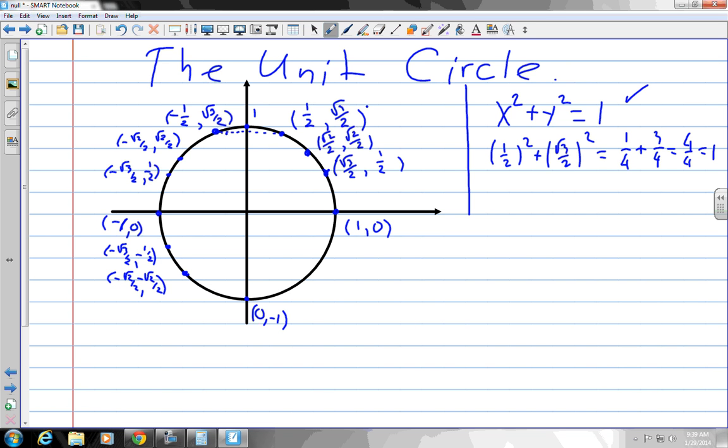You basically have to identify whether x is positive or negative and whether y is positive or negative. In the same way here.